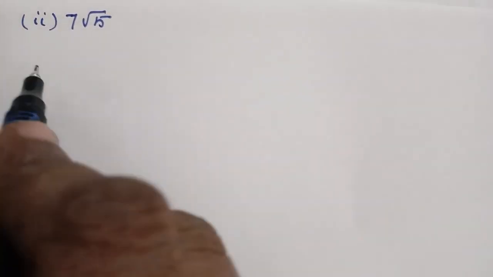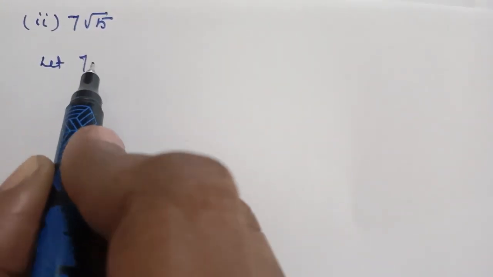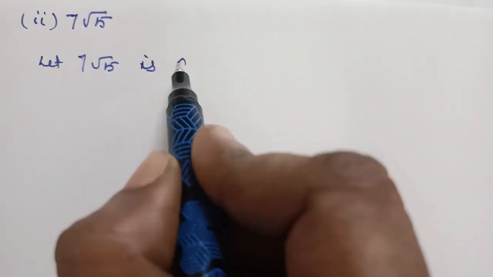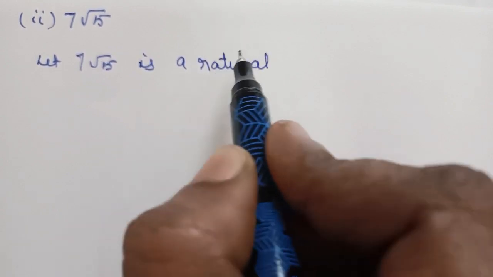Second question, 7 root 5. Again let 7 root 5 be a rational number. We have to prove that 7 root 5 is irrational.